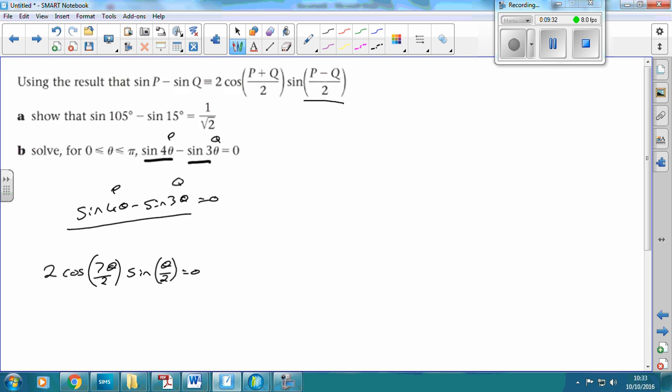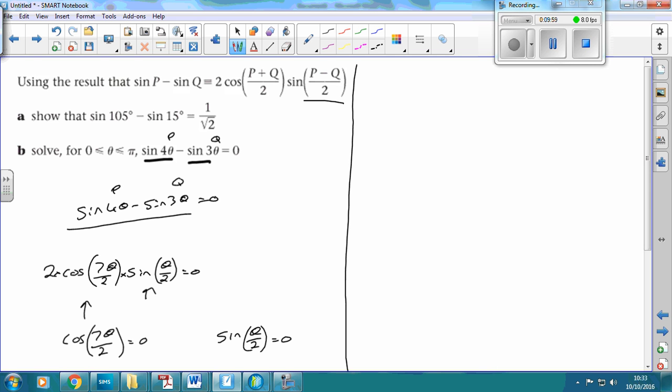Then what we've got to do is solve that. So in order to solve this, we've got 2 times by cos of something times by sin of something. So we make this equal to 0. We have cos of 7 theta over 2 equals 0, and we set this thing equal to 0. So sine of theta over 2 equals 0.